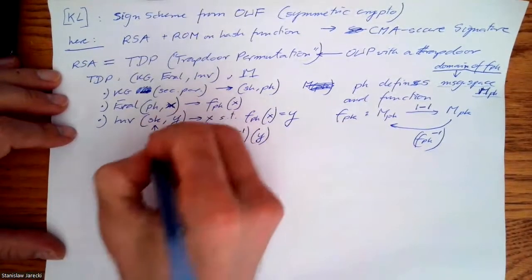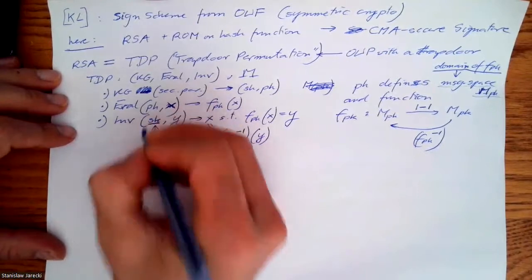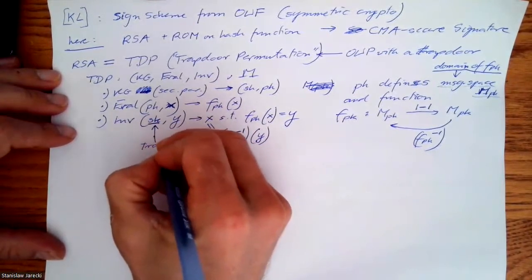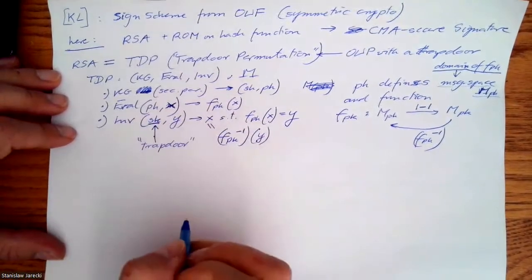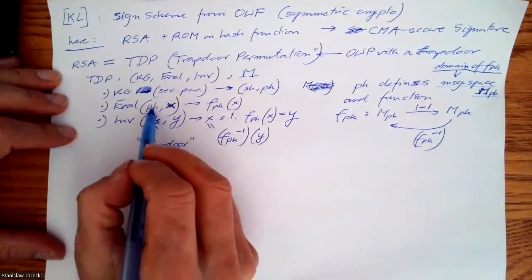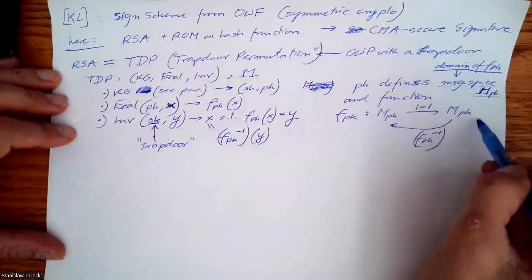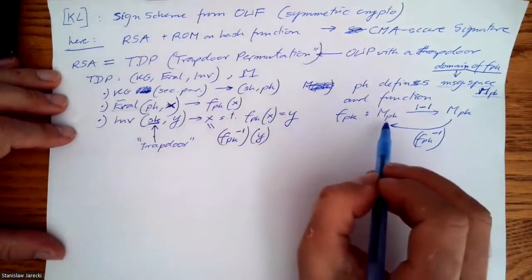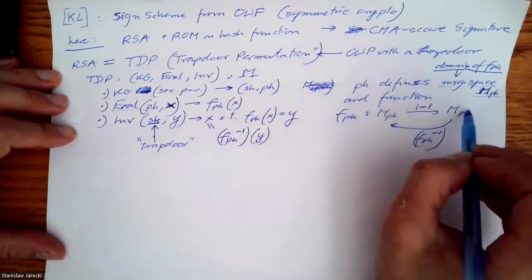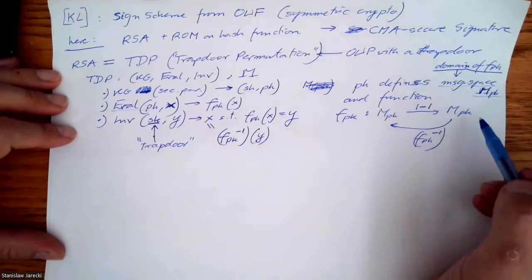The parlance of trapdoor permutation is that this thing is called a trapdoor. The public key defines a function, and everybody can run this evaluation algorithm given the public key efficiently to evaluate the function forward.